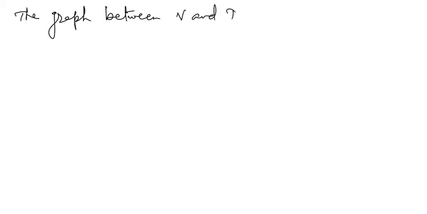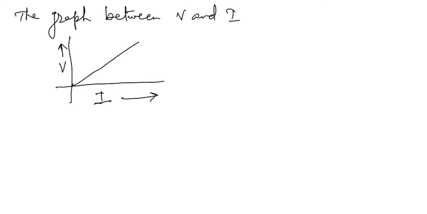The graph between V and I: we can take V along the y-axis and I along the x-axis. For different readings, it is also found to be a straight line.